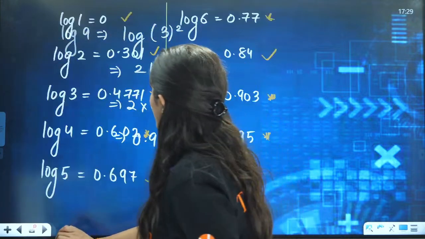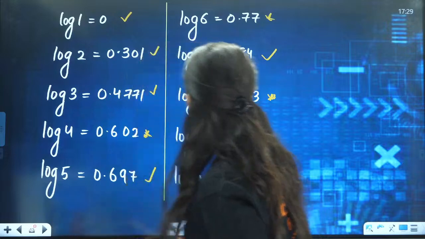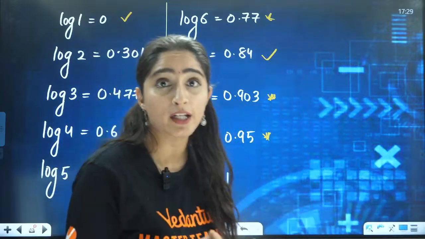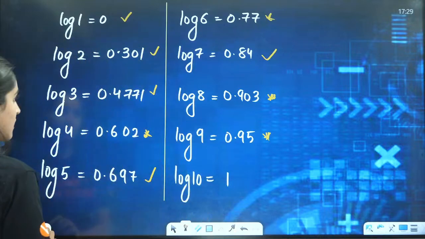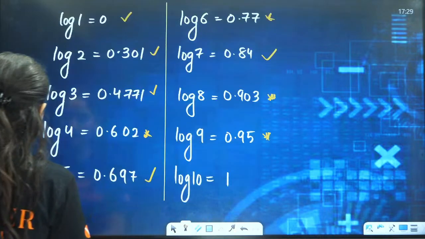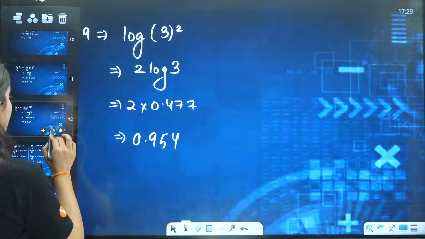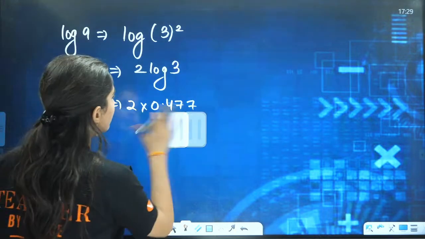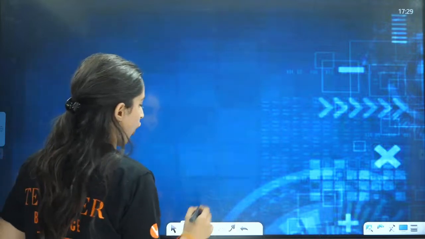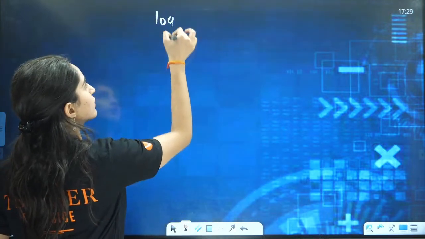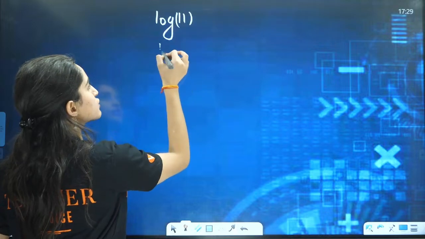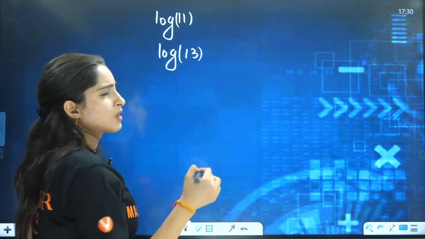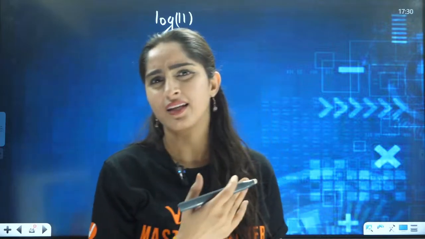Now, some of you might ask, ma'am, how to calculate log 11? They will not ask you log 11 or log 13 in your numericals, you will not see these kinds of values.